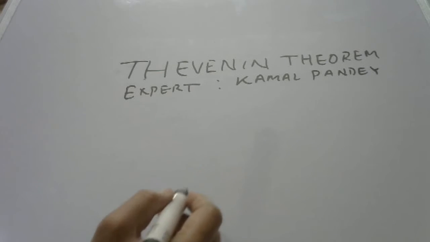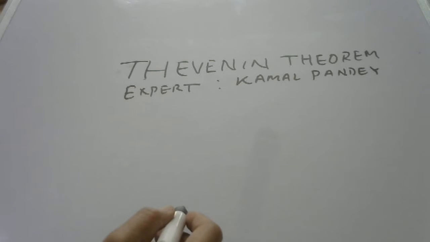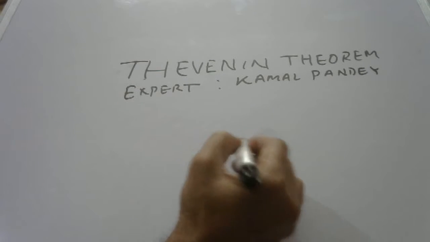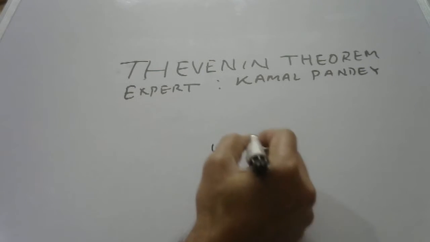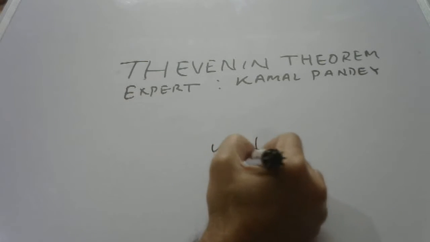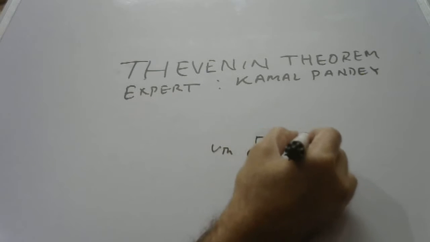Thevenin theorem gives the mathematical solution of a large number of voltage sources by a single voltage source, that is called VTH. This is called open circuit voltage, along with a series resistance RTH.